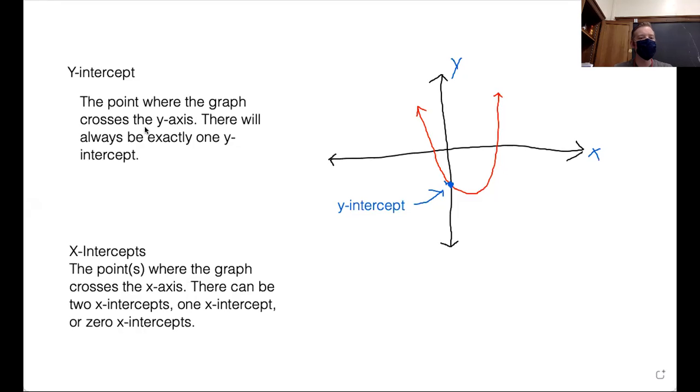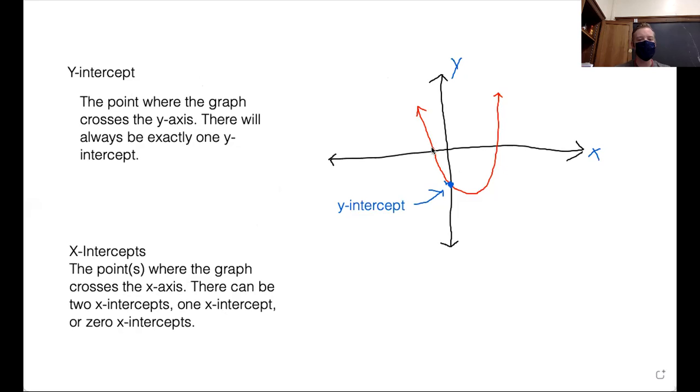So in addition to the y-intercept, we also have the x-intercepts, and these are the points where the graph crosses the x-axis. And the thing that's different between the y-intercept and the x-intercepts is we don't always have the same number of x-intercepts. We can have two x-intercepts on a particular problem. We can also have one x-intercept, or we could even have zero x-intercepts, no x-intercepts at all. It is possible that our graph does not cross the x-axis.